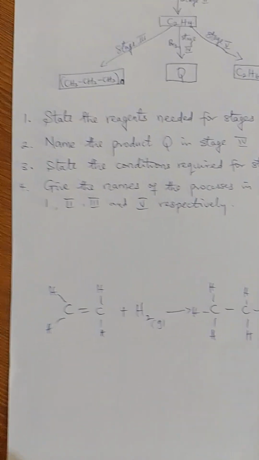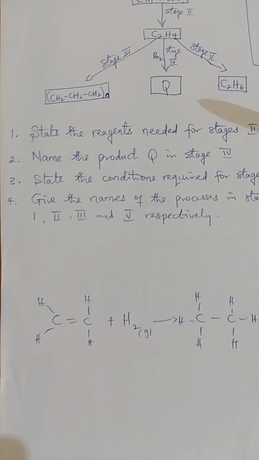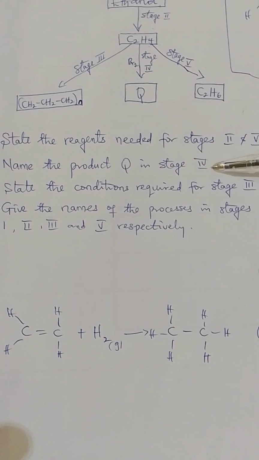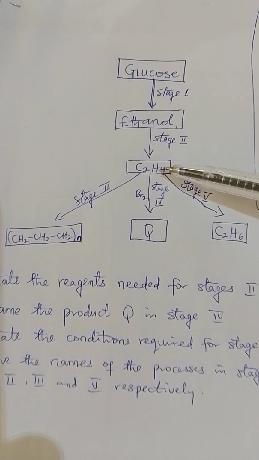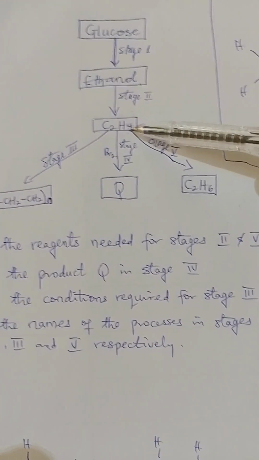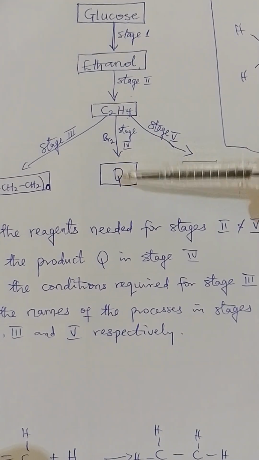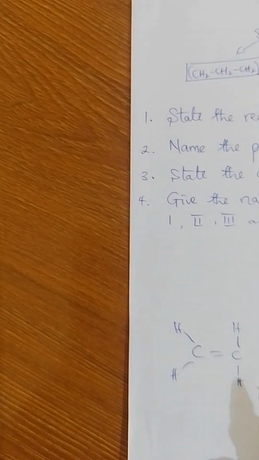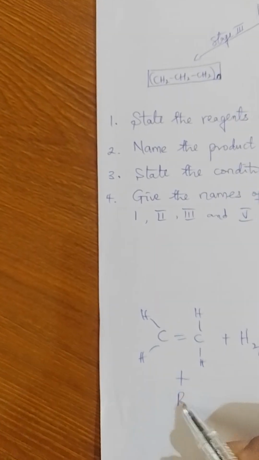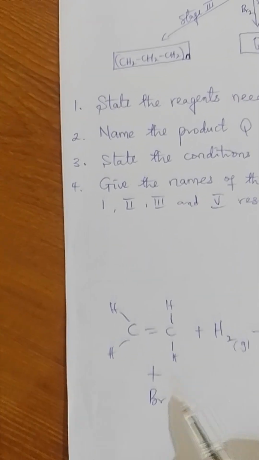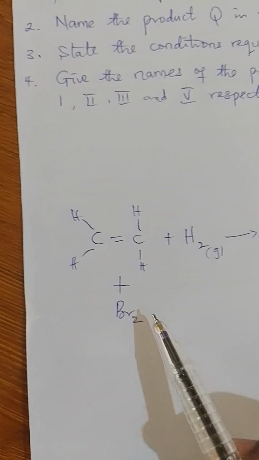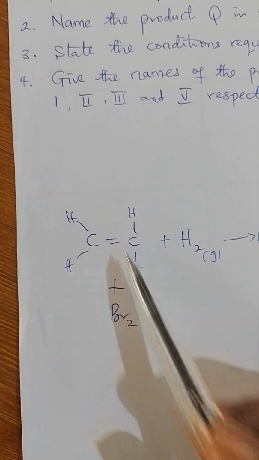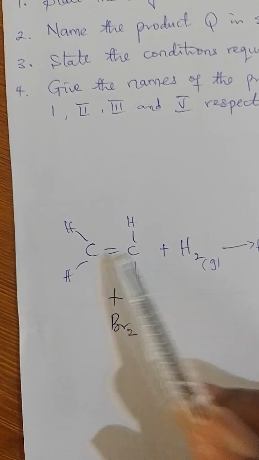Very simple, isn't it? Okay, now question 2 says name the product Q in stage 4. Product Q, that means when ethene undergoes addition of bromine, what will it form? Okay, the same process. If we add bromine here now, what will happen? What bromine will do is to break this double bond and attach itself to the 2 carbon atoms.